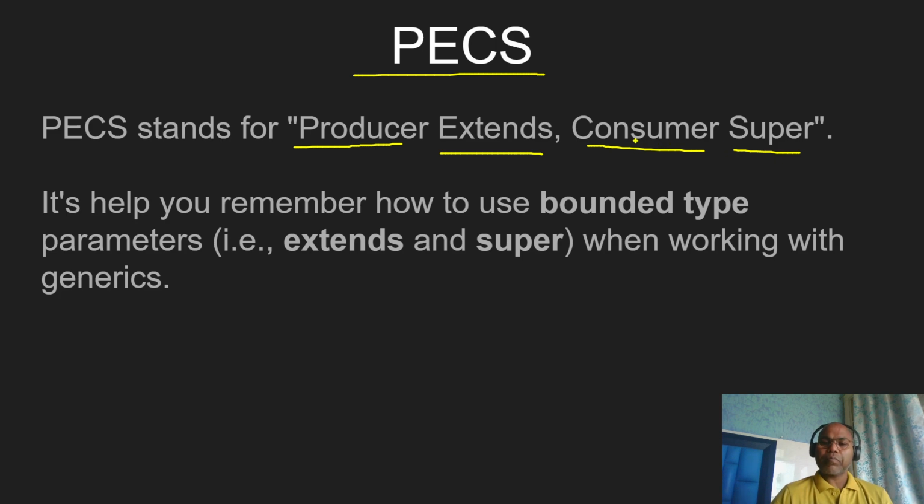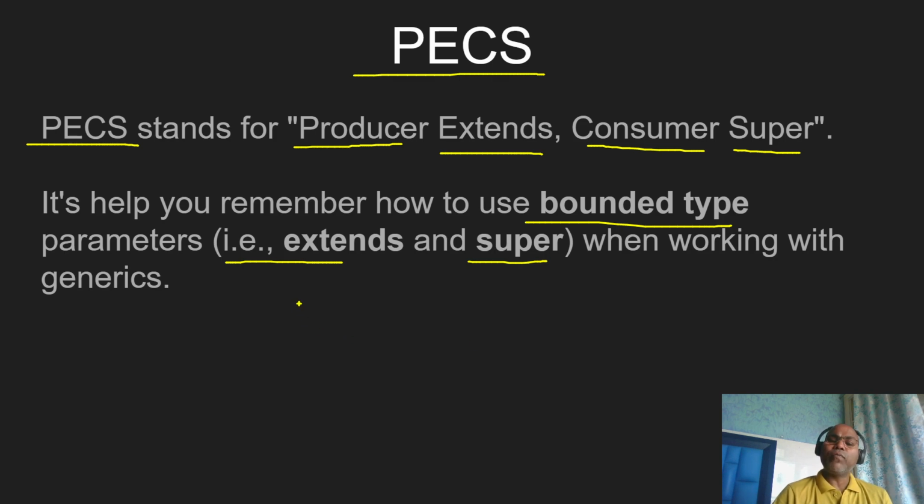So this principle PECS simply says, hey, you can just remember the concept of bounded types in generic, and bounded types can be in two ways. One is your bounded type parameter extend, another is super.